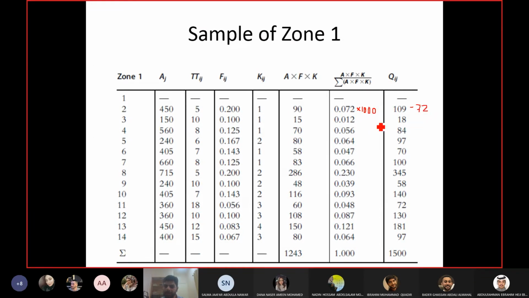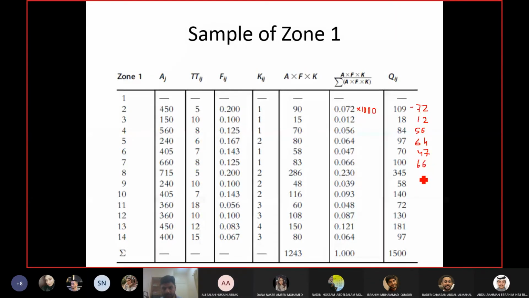Second one, again 1000 will remain the same, only the factor is changing. 12. Next, 56. Next, 64. Next, 47. Next, 66.